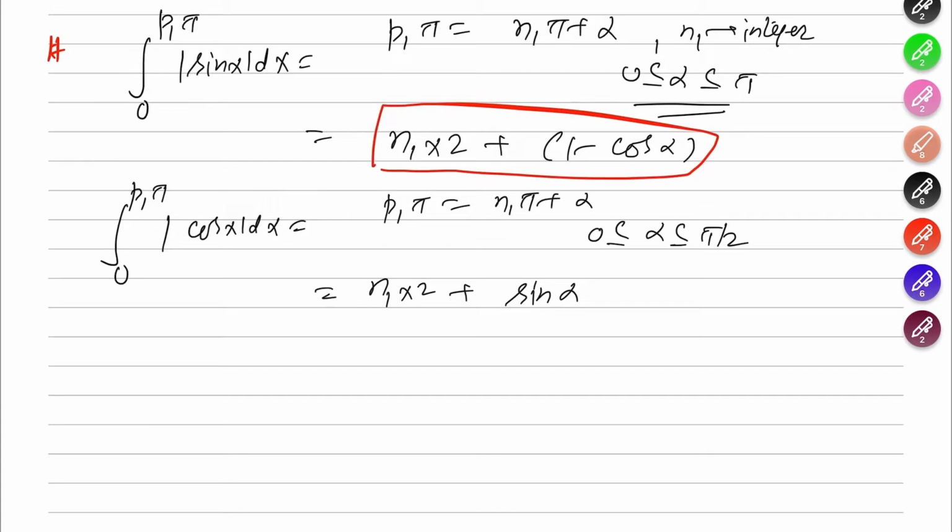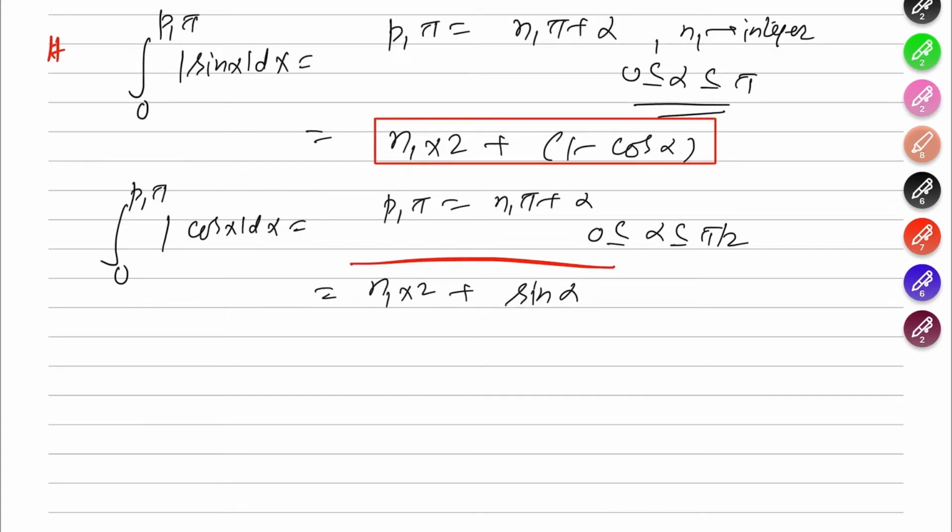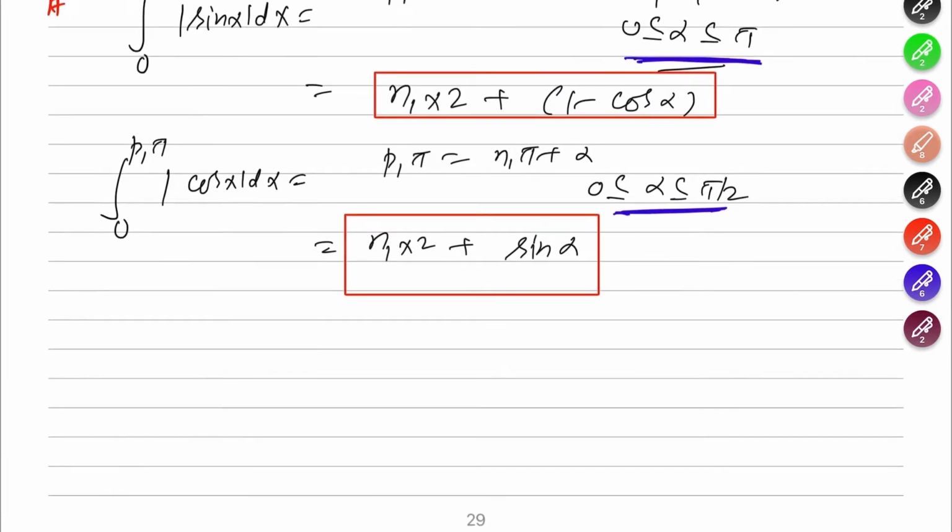So for sine we have this integral, and for cos we have this integral. Here we have to note that α is from 0 to π/2 for the cos case, and α is from 0 to π in the sine case.